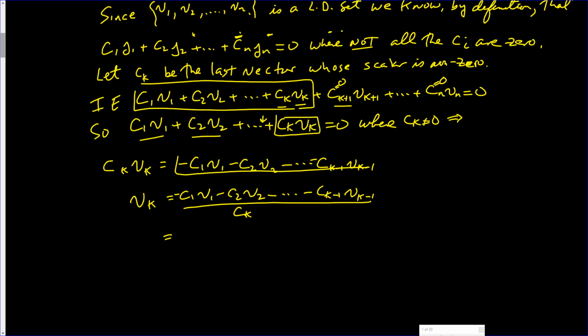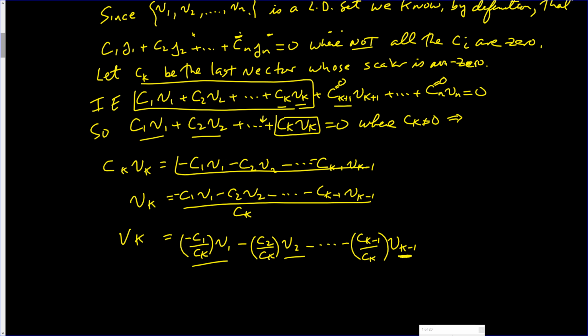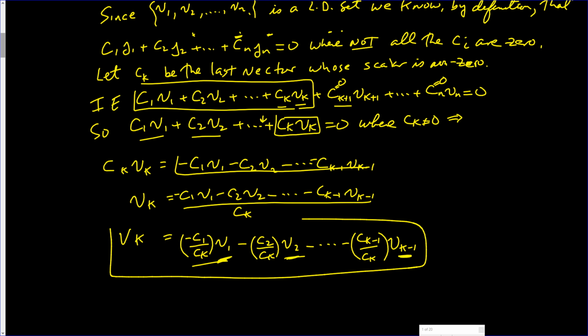But just to be formal about it, this is just negative C1 over Ck, a scalar, times V1, minus C2 over Ck times V2, all the way down to minus C sub k minus 1 over C sub k times the vector V k minus 1. Okay, so V sub k is a linear combination of the vectors before it. So I was able to prove that.